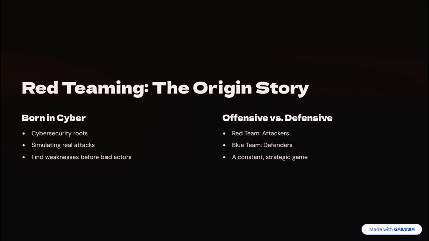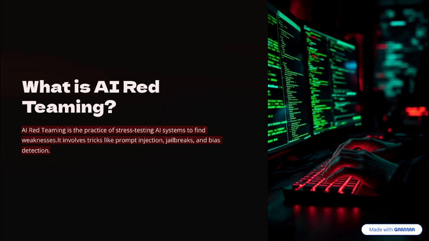So we have to think like an attacker to defend the systems and the LLM models of AI. You can see here the offensive versus defensive keywords: the red team means the attacker team and the blue team means the defender team. So let's move to our next slide.